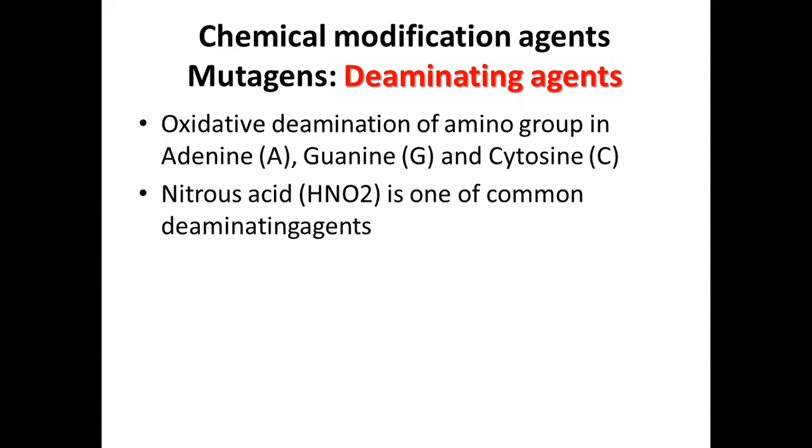An important example is nitrous acid. Remember when we started, I showed the picture and said to pay attention to this molecule. That's nitrous acid, a very common deaminating agent.